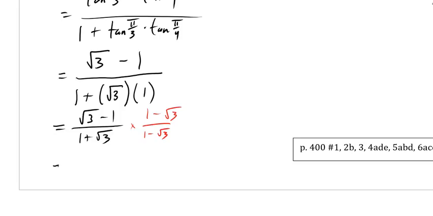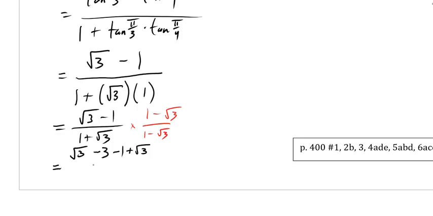Which is root 3 times 1 is root 3. Root 3 times negative root 3 is negative 3. Negative 1 times 1 is negative 1. And negative 1 times negative root 3 is positive root 3.